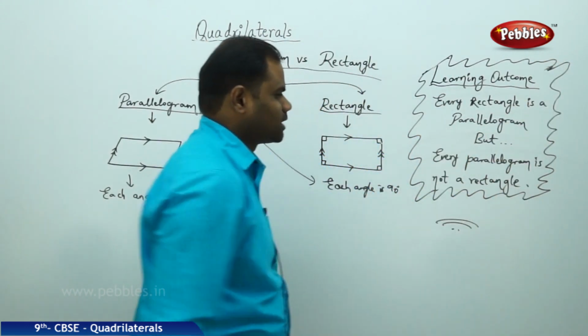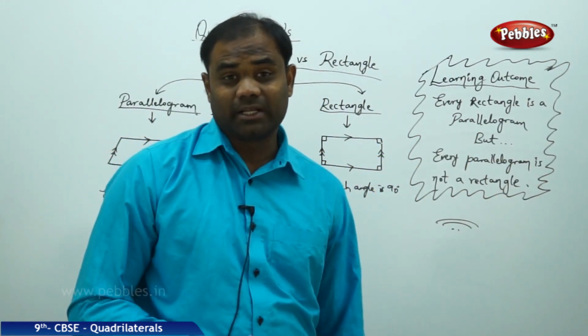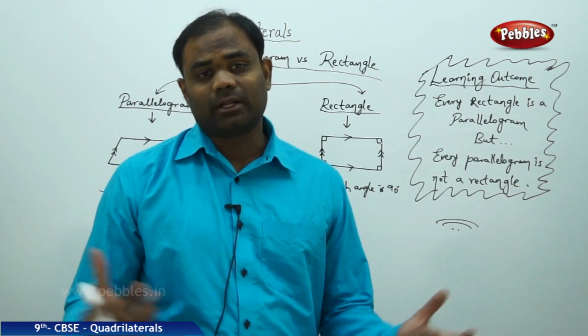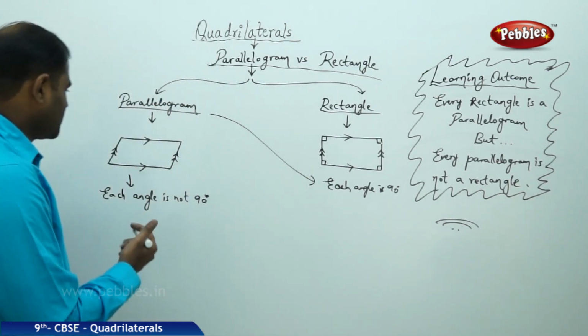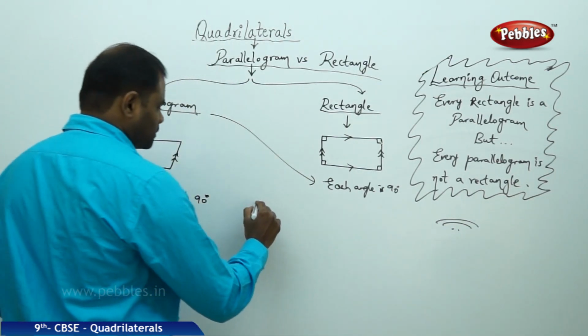This is how I understand the learning outcome connecting the parallelogram and a rectangle. Similarly, if I take a square, let me introduce a square.